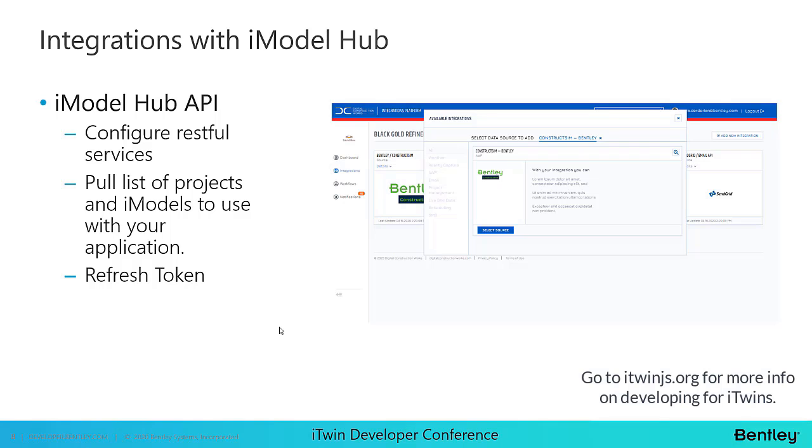We also integrate with iModel Hub using their RESTful APIs to pull a list of projects and iModels to use with our application. And we're refreshing a token in the background as we do that in order to pull the different iModels from our project.